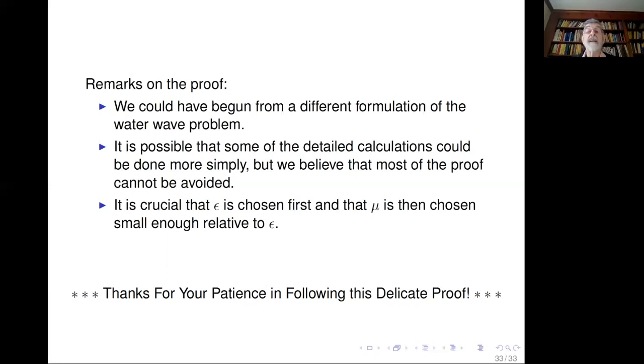I'm sure we could get some kind of lower bound on epsilon naught if we were careful. We proved that there exists an epsilon naught such that if epsilon is less than epsilon naught, everything I said was right. But probably the instability is true for the large Stokes waves too.